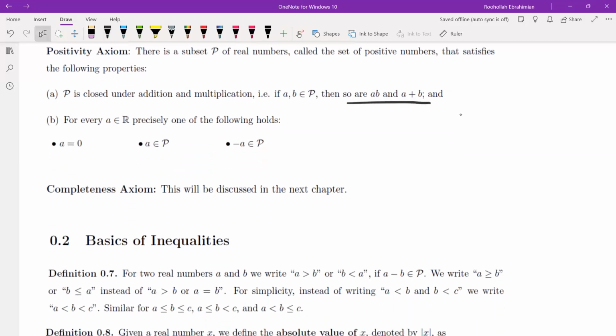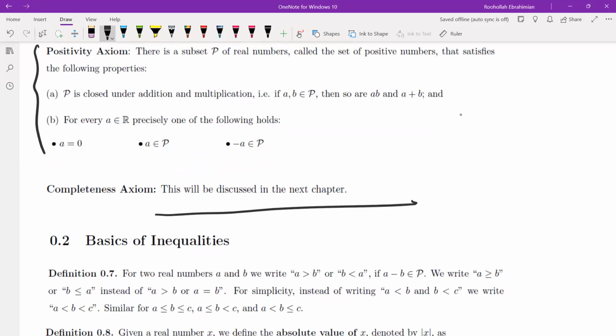But again, if you look at this axiom, rational numbers also satisfy it. What distinguishes rational numbers from real numbers is the completeness axiom. That essentially tells us that if you take a look at real numbers, there is no hole inside the real numbers.